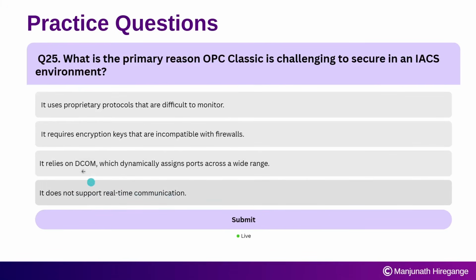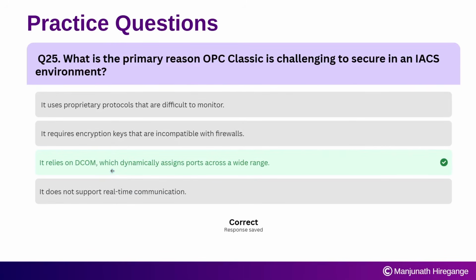So the right answer is DCOM, because OPC relies on Microsoft DCOM technology, which can dynamically allocate ports between 1024 and 65535. This makes it very difficult to firewall effectively, increasing its security challenges. That's why nowadays we can see OPC UA in most of the projects.